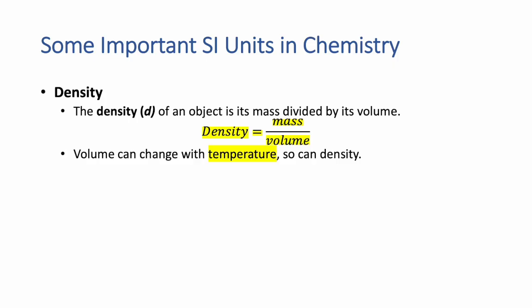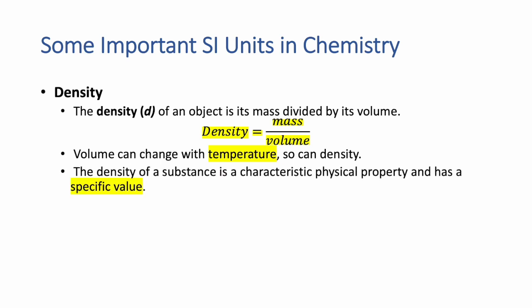That's why when we're working with density values, you will see that it will give you a value for density and then a temperature. So for instance, water will have a density of 1.00 grams per centimeter cube at 25 degrees Celsius. The density of a substance is a characteristic physical property and has a specific value.